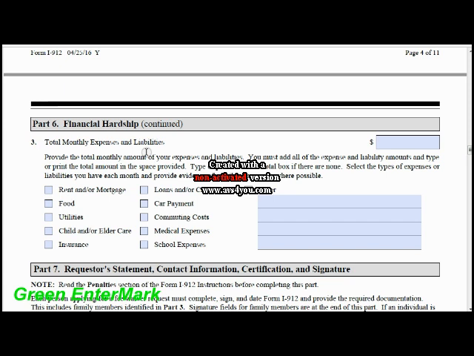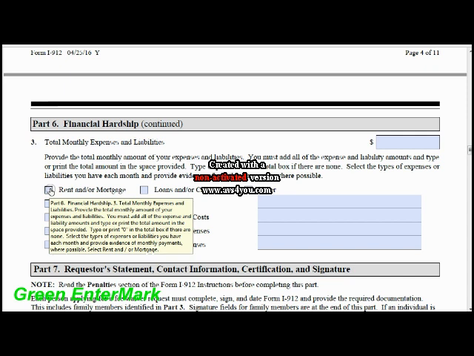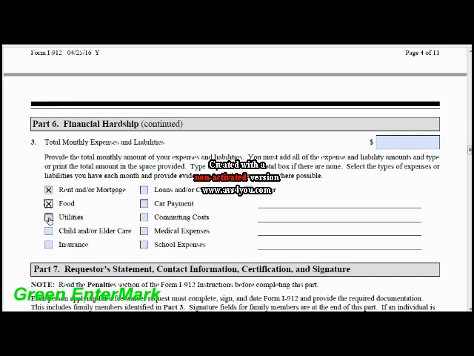In this bullet point, you have to mention that you have to pay the rent, food, utilities, children and elder care, insurance, car payment, community costs, medical expenses, school expenses, or loans you are paying back to credit cards or something like that, which is coming into debt.